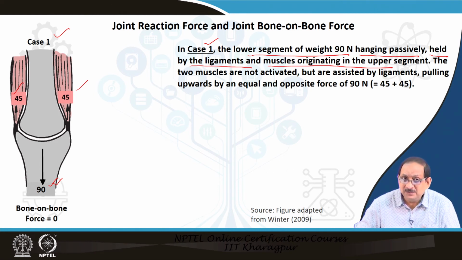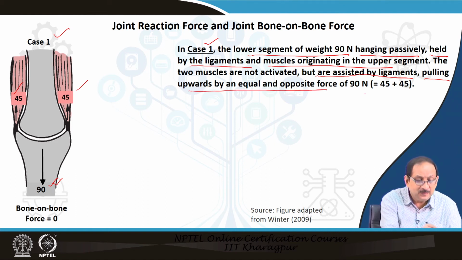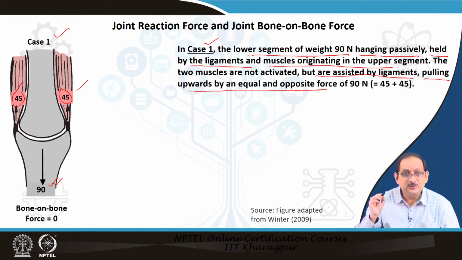The two muscles are not activated, but are assisted by ligaments pulling upwards by an equal and opposite force of 45 newtons on both sides. So, the equal and opposite force is a total of 90 Newton.